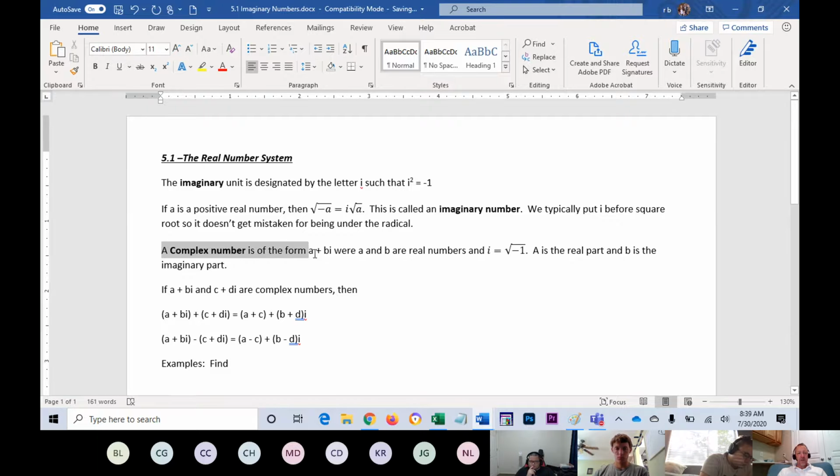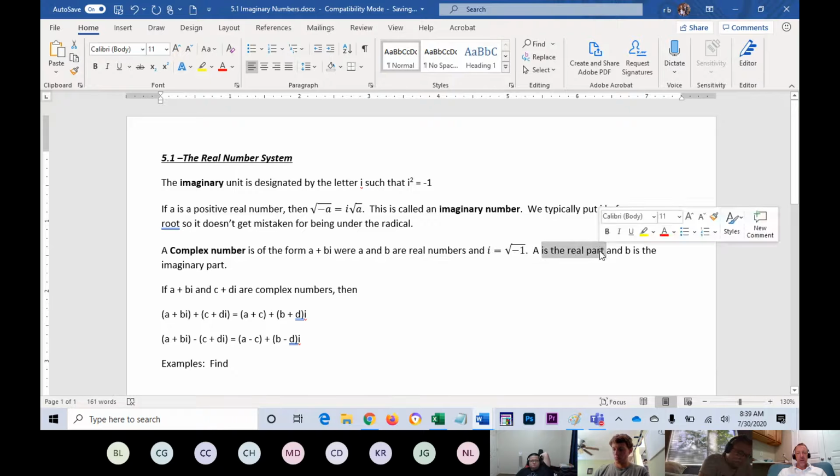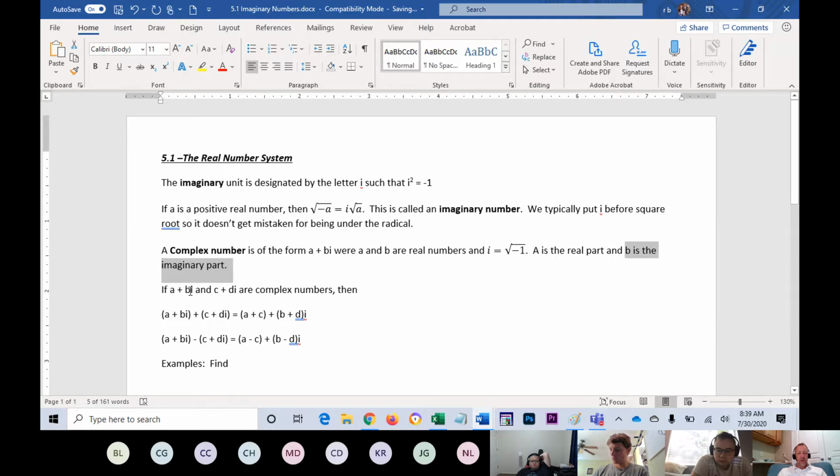A complex number is of the form a plus bi, where a and b are real numbers, and i is the square root of -1. So a is the real part, b is the imaginary part, okay?